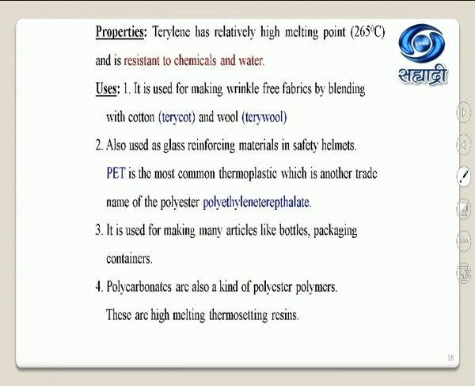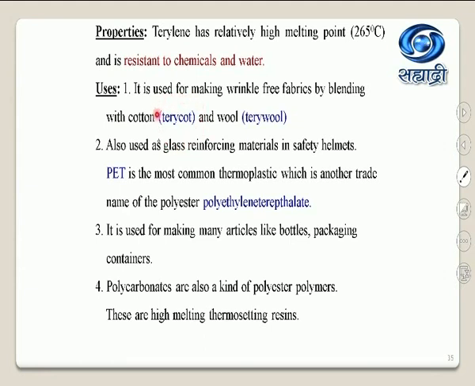What are the properties of terylene? It has relatively high melting point, that is 265 degrees Celsius, and it is resistant to chemicals and water. Now what are the uses of this terylene? It is used for making wrinkle-free fabrics by blending with cotton, and therefore it is known as terrycot.